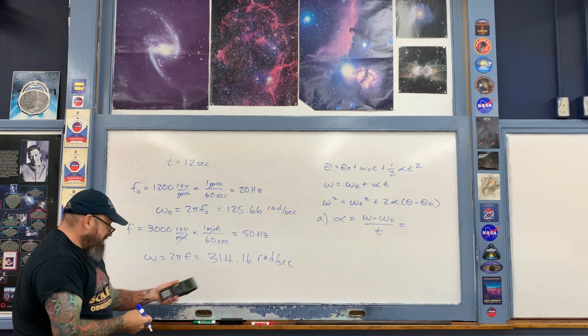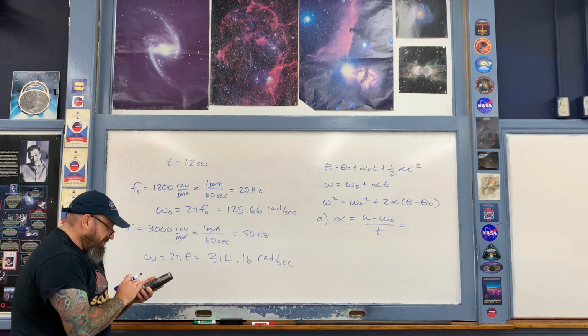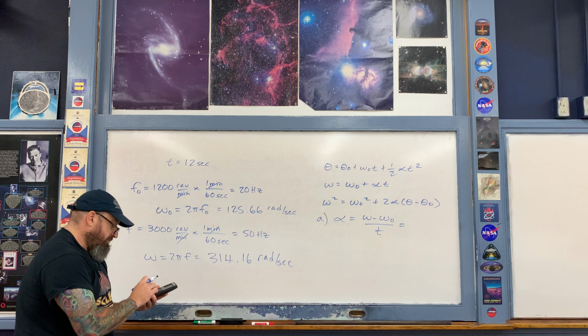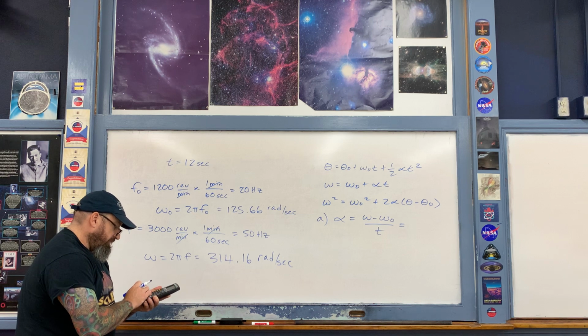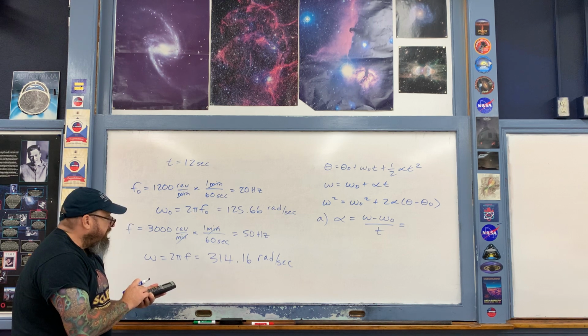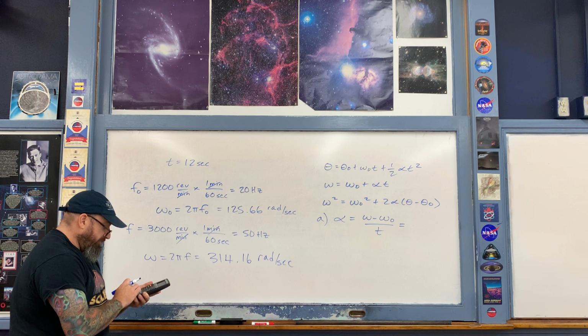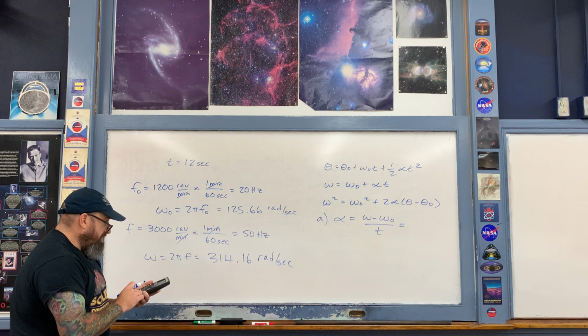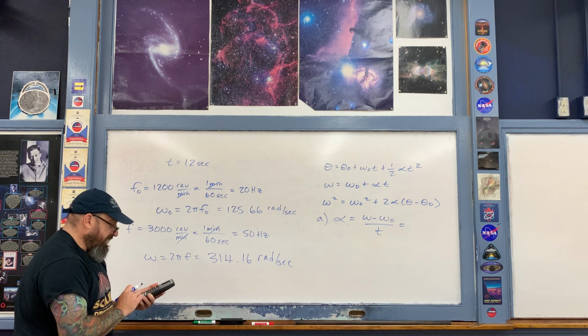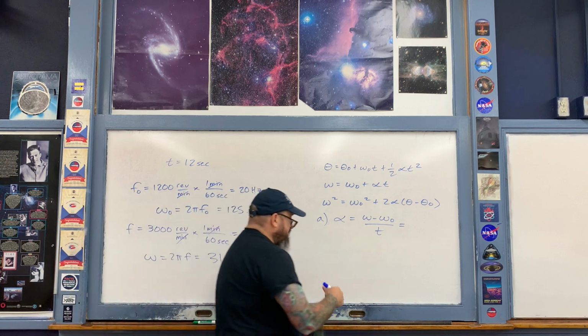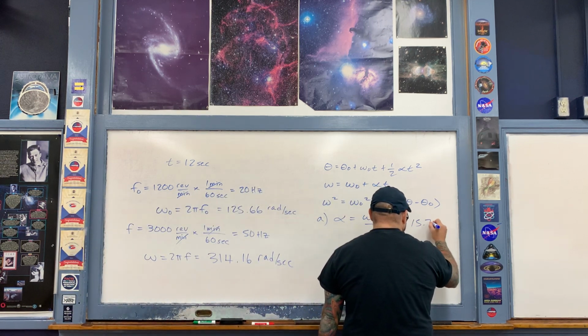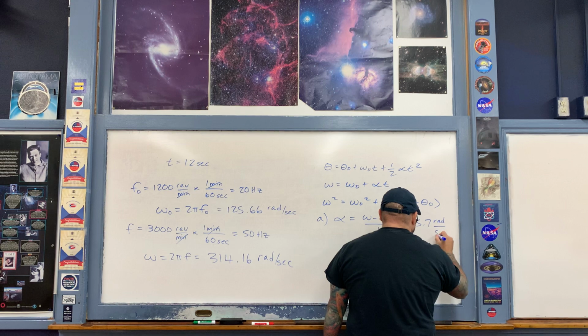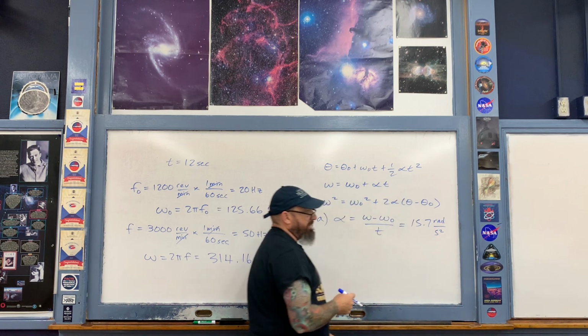I'm going to take this value here, 314.16, and then subtract from that 125.66, and then take all of that and divide it by the time of 12 seconds. This comes out to be about 15.7 or so radians per second squared.